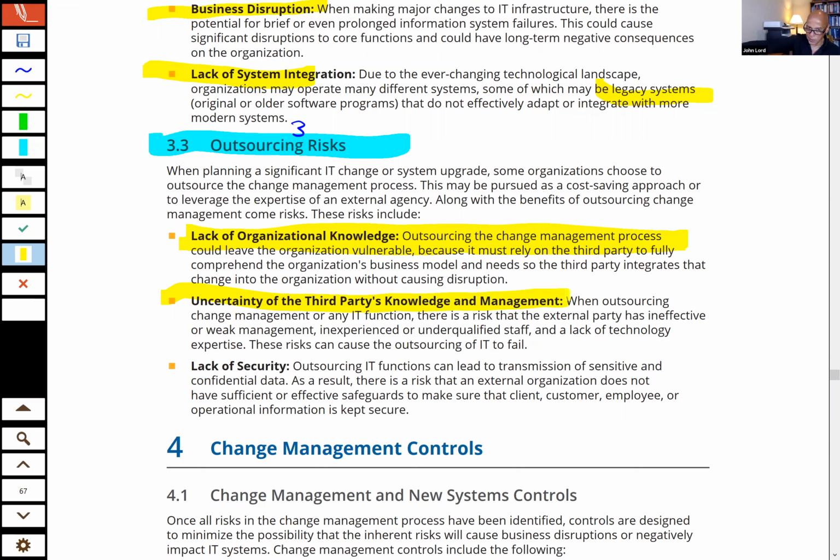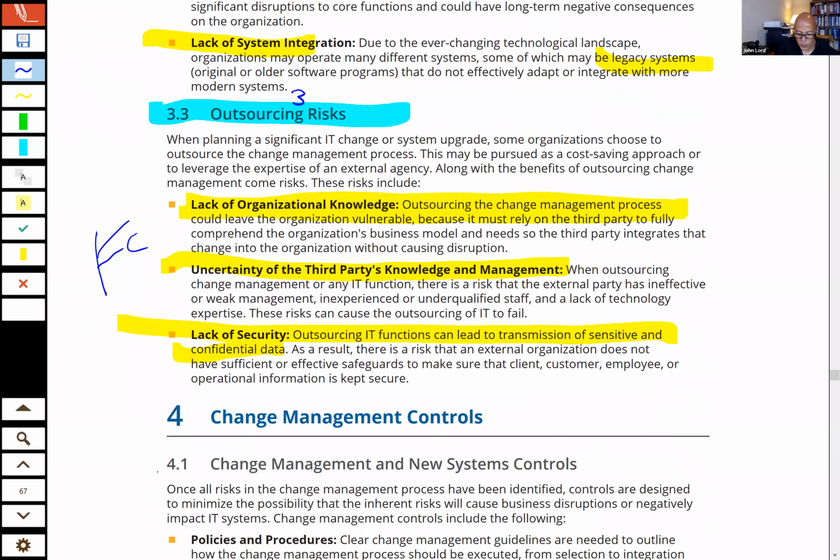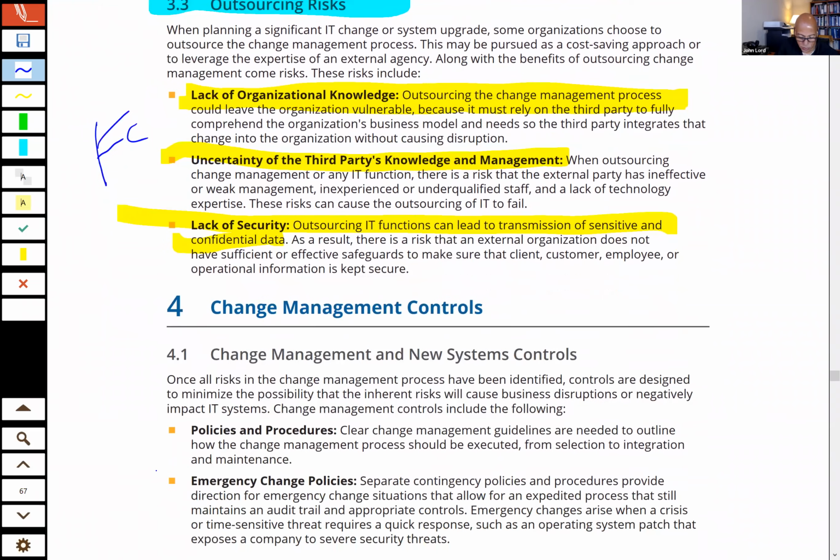Sometimes they may be overseas and it may be difficult to determine that they have sufficient knowledge and they're keeping up with changes, right? And then lack of security can lead to transmission of sensitive, confidential data to someone that we're outsourcing our work to, and so that could be problematic. So flashcard the 3 types of risks here, and then the details under the 3 types.